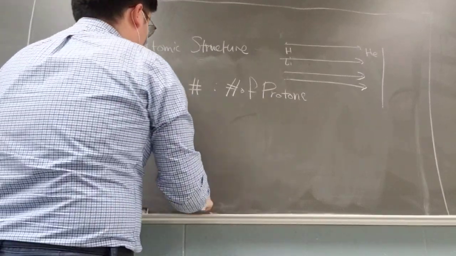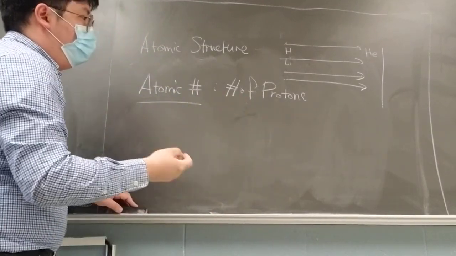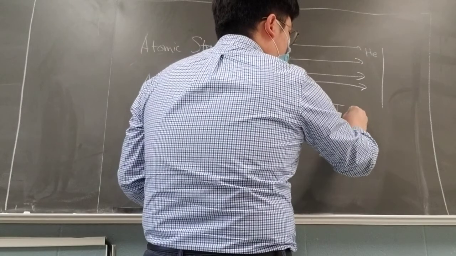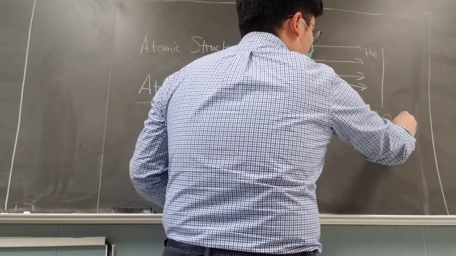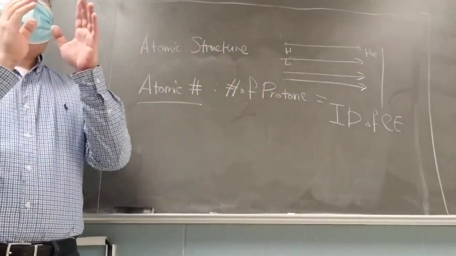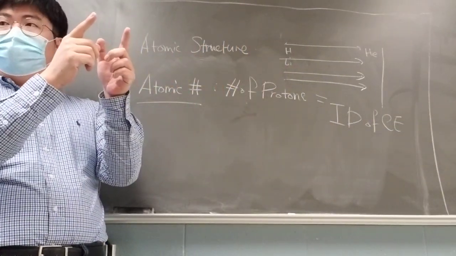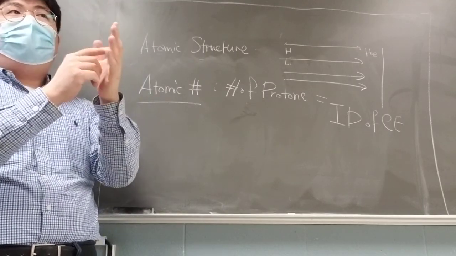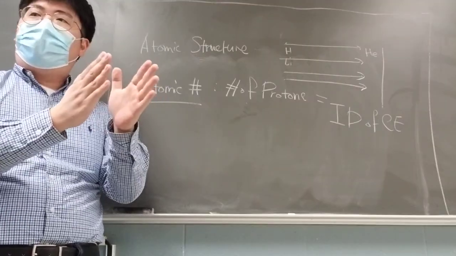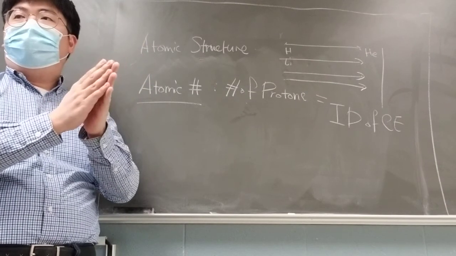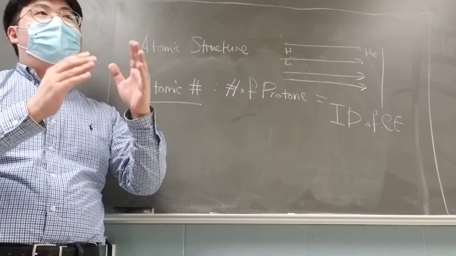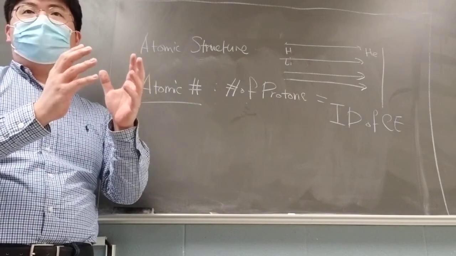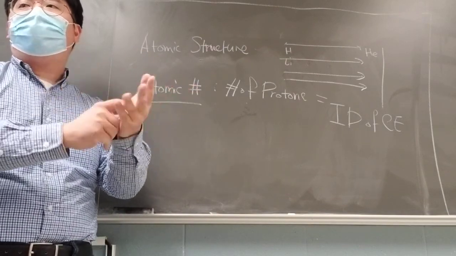So the atomic number is the same as the number of protons in the nucleus, and that determines the identity of the chemical element. For example, carbon is number 6. You see the number 6 on carbon in the periodic table, meaning carbon has 6 protons. But if carbon got 1 more proton, it's now nitrogen, not carbon, because that changed the identity of the chemical element.